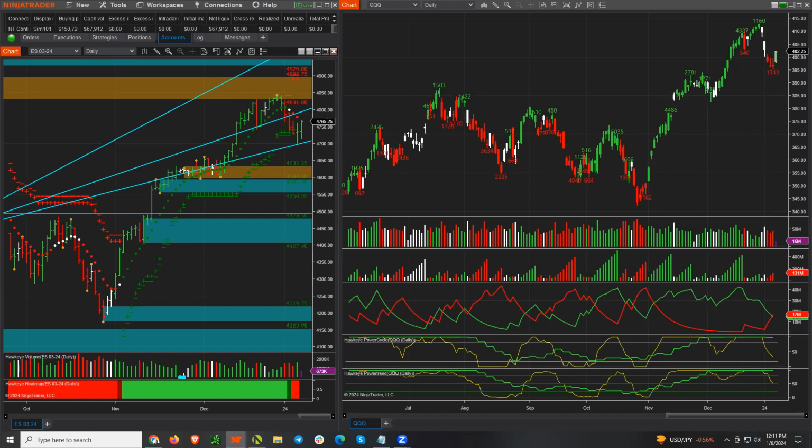You see the ES chart? It's not sharing. Let me stop sharing and then I'll share again so that it'll refresh. Okay, you see the Qs. Can you see my crosshair with the mouse?